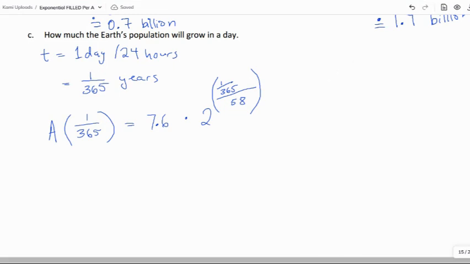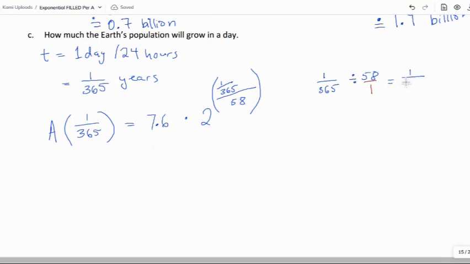So we're going to say, okay, if I have 1/365th and it's divided by 58, do you know how to do this? If you're not sure, make 58 into a fraction. And what's the word? What am I going to do? I'm going to multiply by the reciprocal.